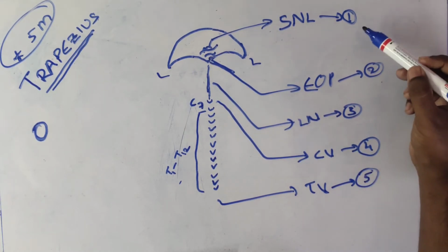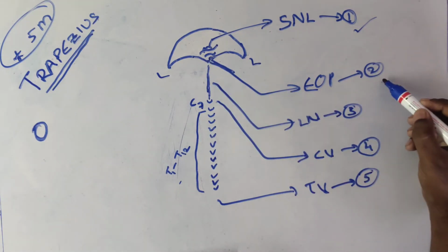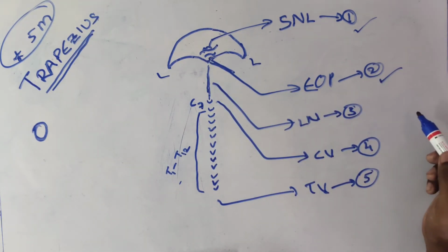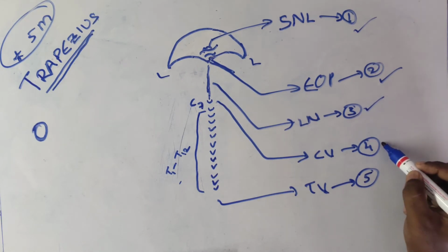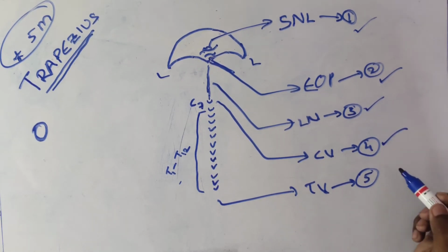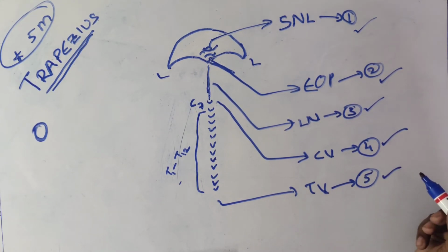The first origin point is the superior nuchal line, the second is the external occipital protuberance, the third is ligamentum nuchae, the fourth is the seventh cervical vertebra, and the fifth is T1 to T12.